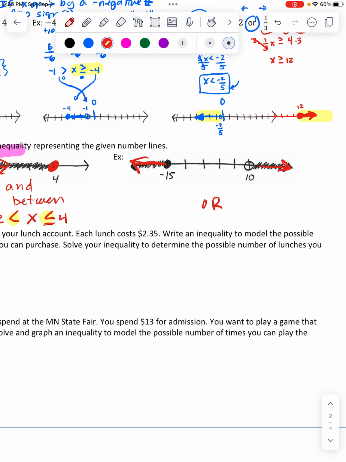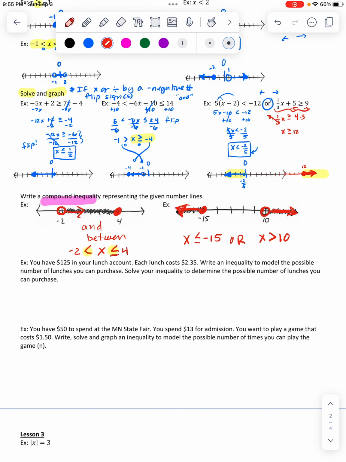Here my x's are to the left or lower than -15, which is actually colored in. So my x's are to the left or lower or equal to -15. Or over here, x's are going to the right or greater than, but not equal to 10 because that has the open circle rather than closed in.